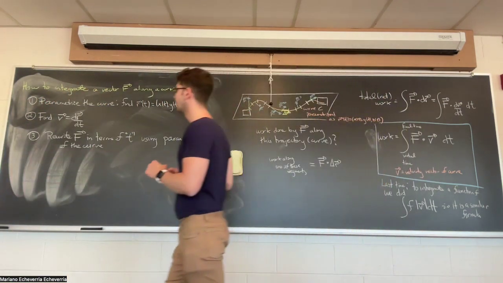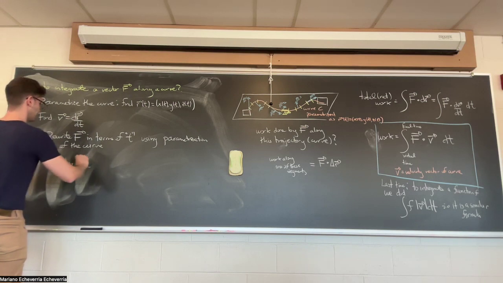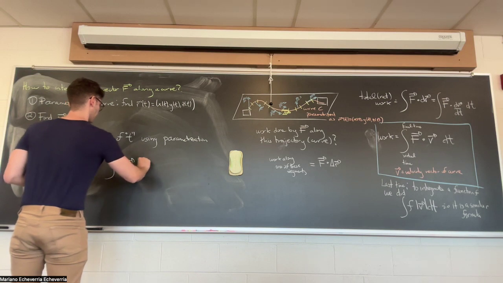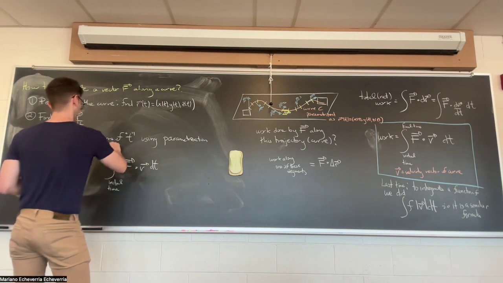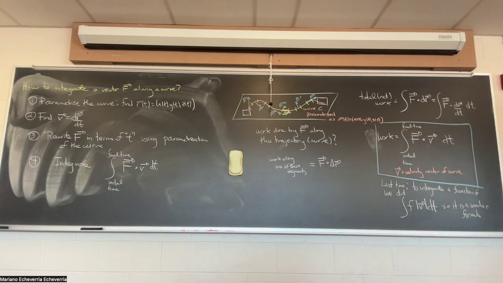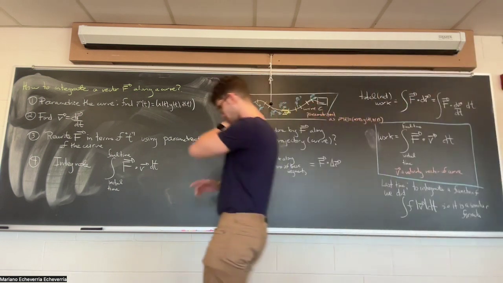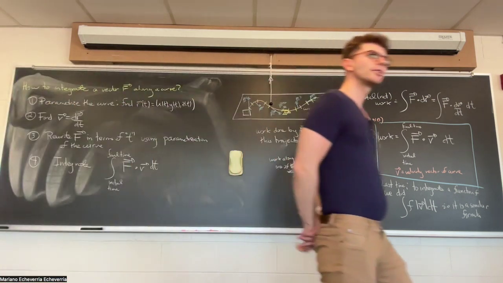And then step four is to integrate the dot product between F and v. Is that okay?